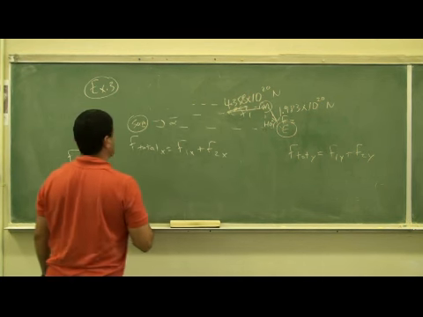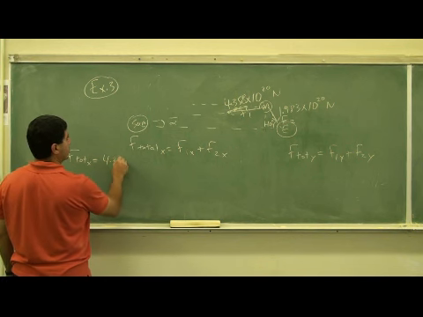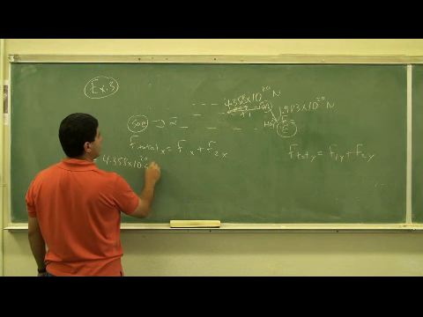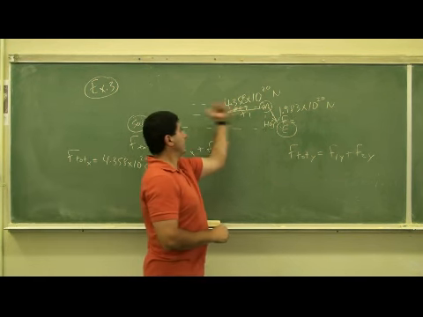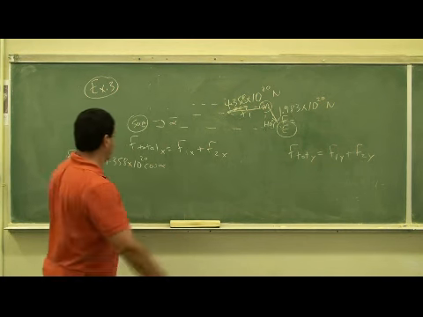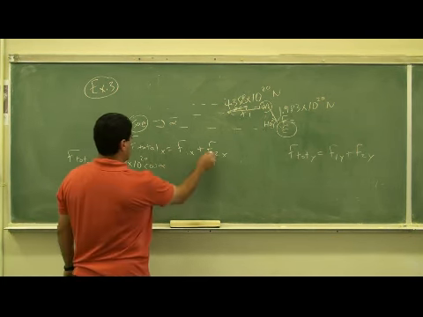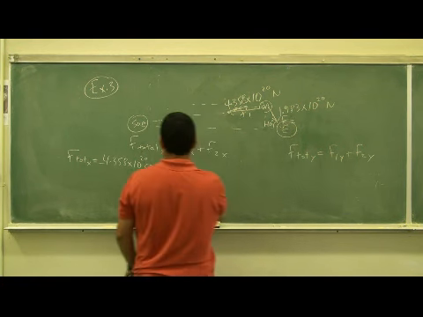So F total x is going to equal F1x, so 4.358 times 10 to the 20th times cosine of alpha, which is to the left, so we could just put a negative there, plus F2x, which is going to be positive this way.